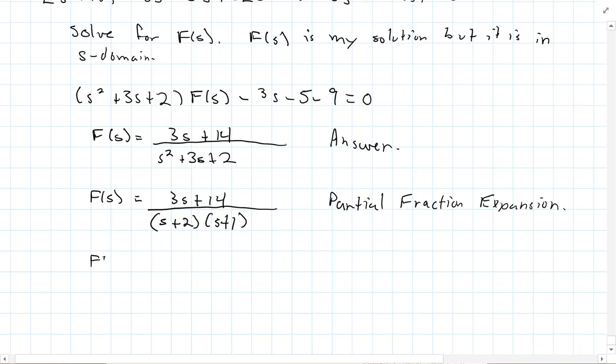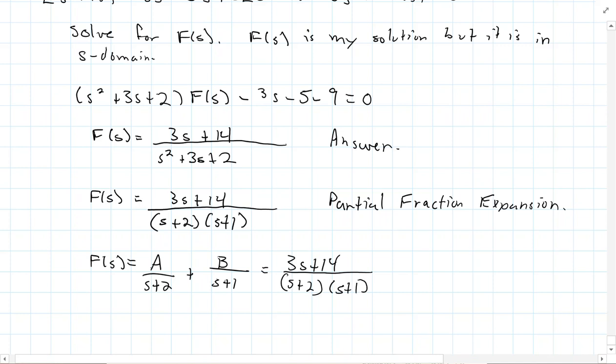So then what we'd have here is F of s would be, for instance, A over s plus 2 plus B over s plus 1, which of course is equal to 3s plus 14 over s plus 2 times s plus 1.